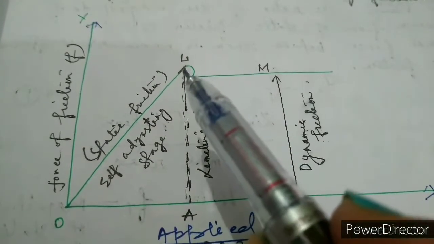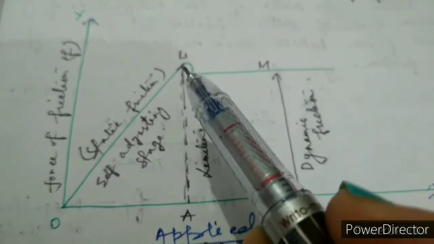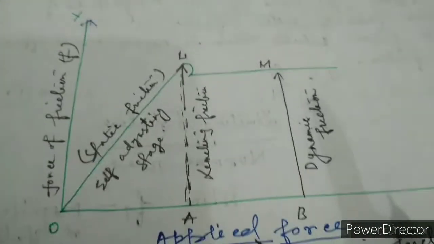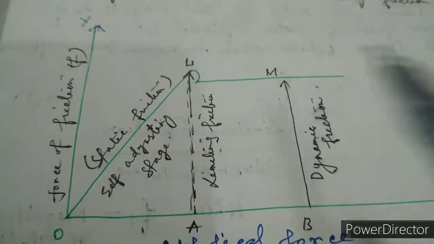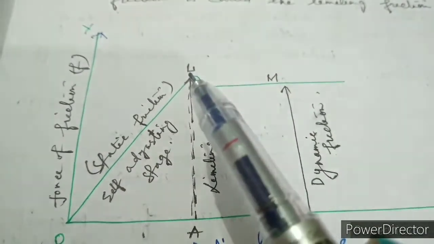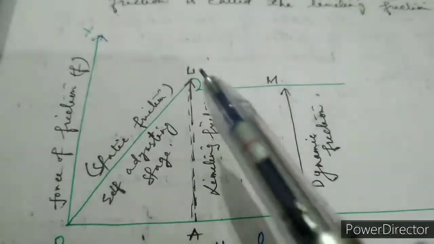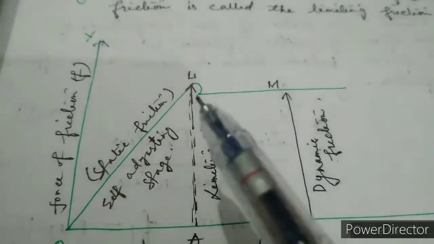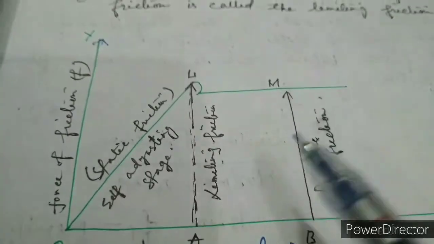After that, the body started to be displaced. This higher position where the body has just started its motion is known as the limiting friction. This value is the limiting friction, the maximum value, so you can see that this line is at the maximum height.